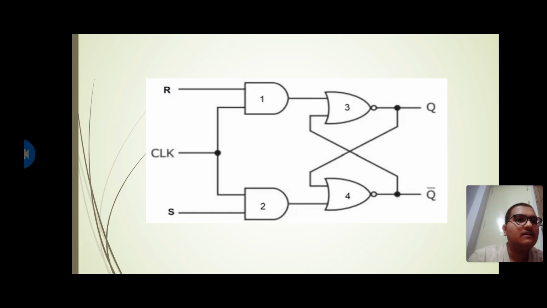We can see that third XOR gate output is connected to fourth gate input, and similarly fourth gate output is connected to the third gate input. And these first two AND gates outputs are connected to the XOR gates inputs.